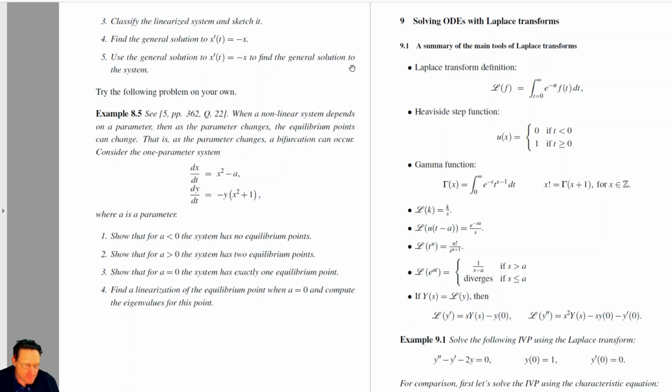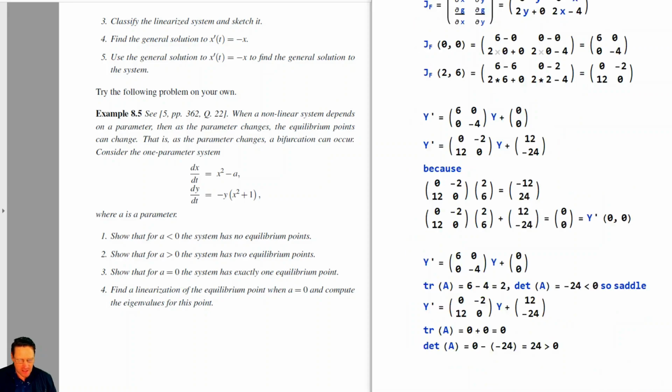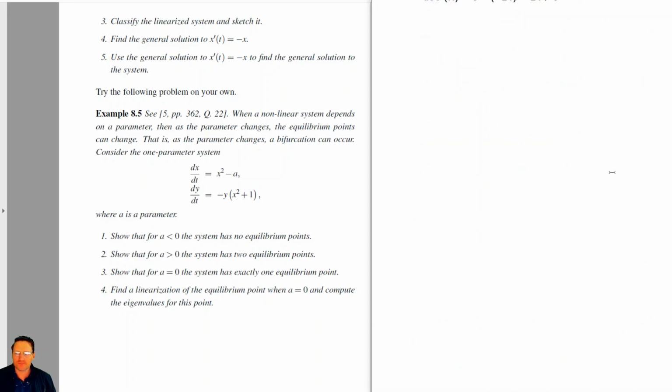Okay, so let's have a look at the system and the problems we're going to do. So the first one, and I think I'll open up my window here so I can actually do these with you. Okay, show that for A negative, the system has no equilibrium points. All right, so we'll say if A is negative, then minus A is positive.